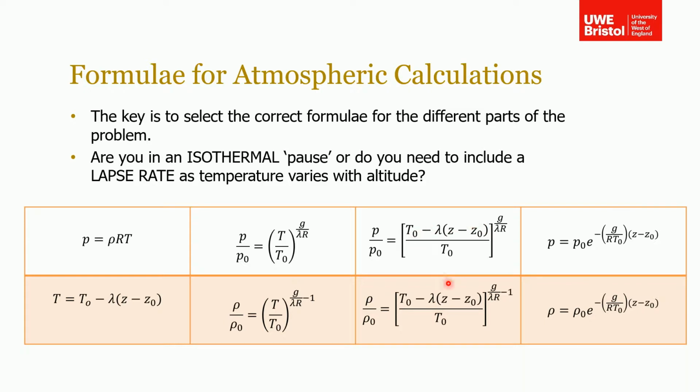So you use these two expressions here. Or you could work out the temperature from this equation and plug it into here. But either way it would work. Okay, so you just need to be a little bit clear about which equations you're using for which type of layer.